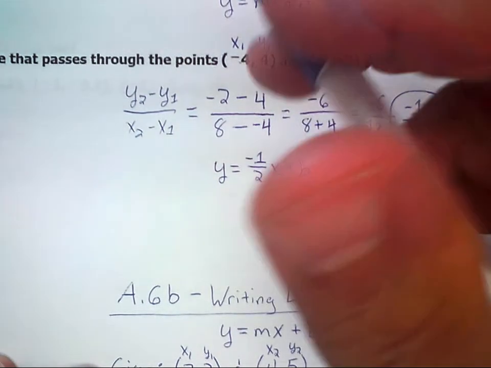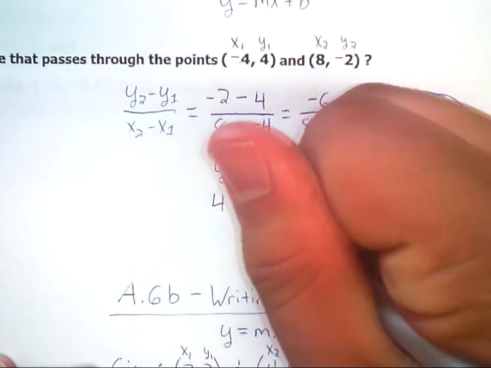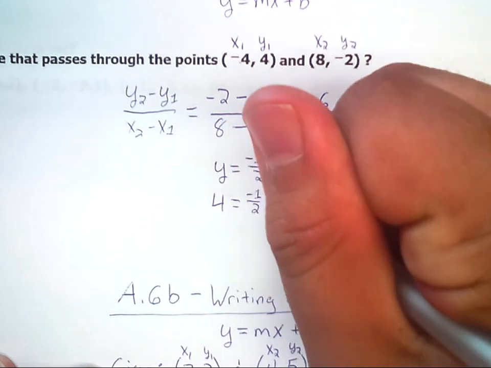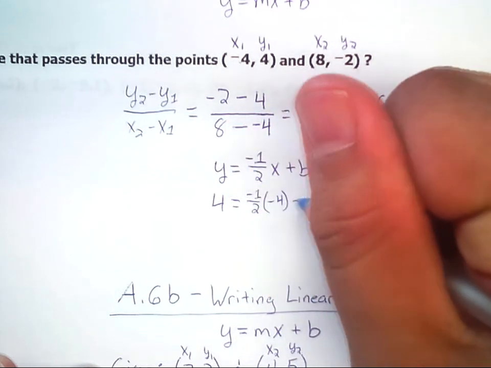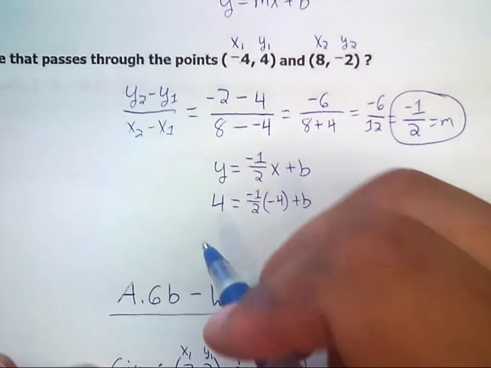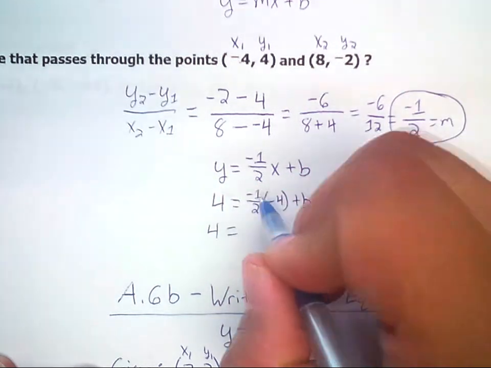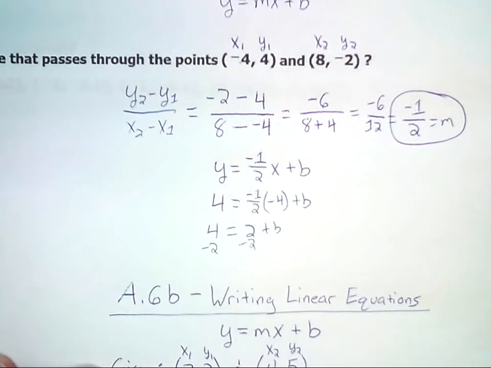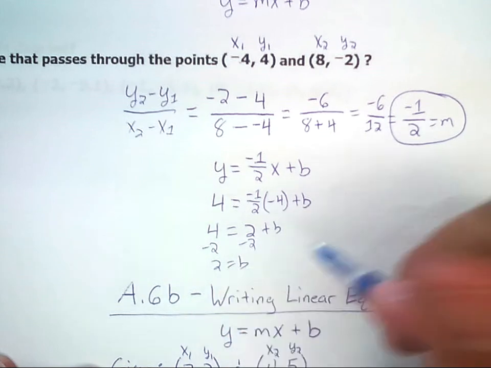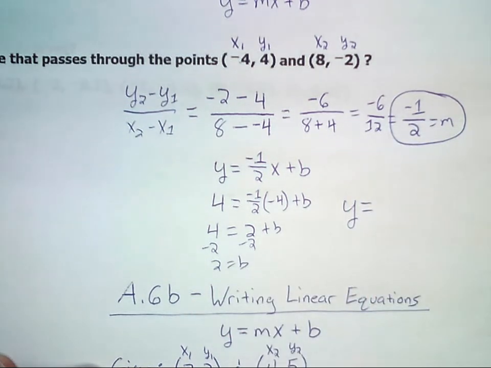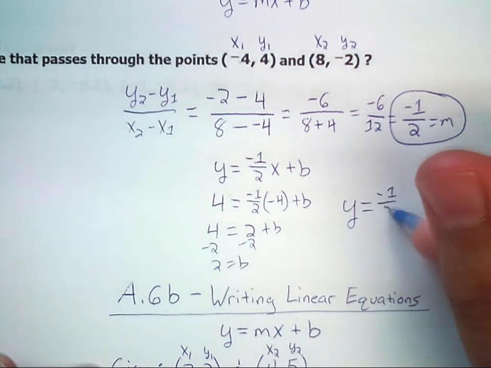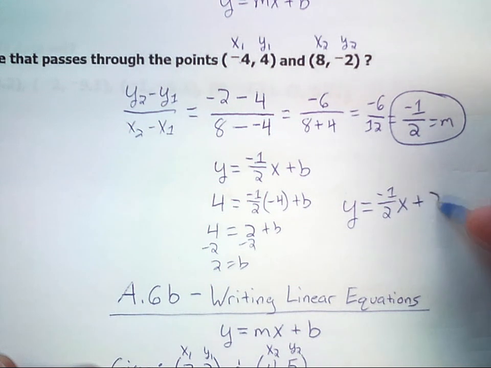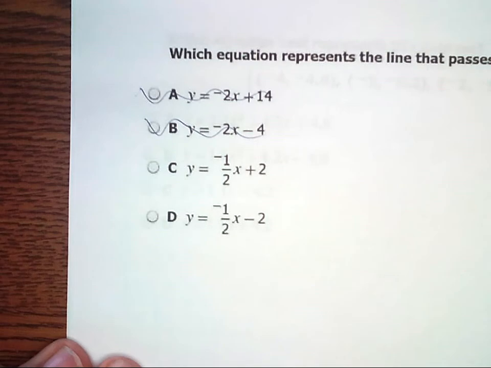I'll pick the smaller one this time, so negative 4 and 4. So 4 equals negative 1/2 times negative 4 plus b. A negative times a negative is positive, and half of 4 is 2. When I subtract 2 from both sides, I end up with 2 equals b. So my equation is y equals negative 1/2 x plus 2, which makes the answer C.